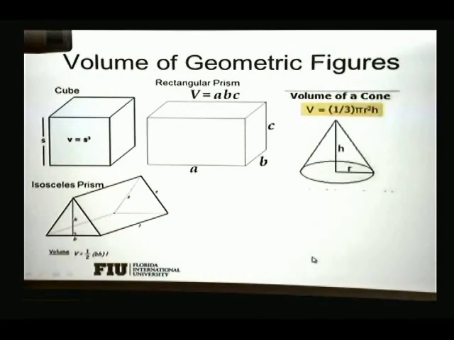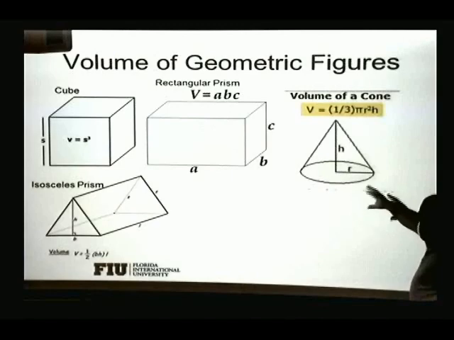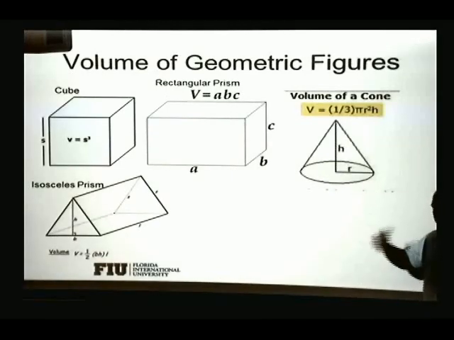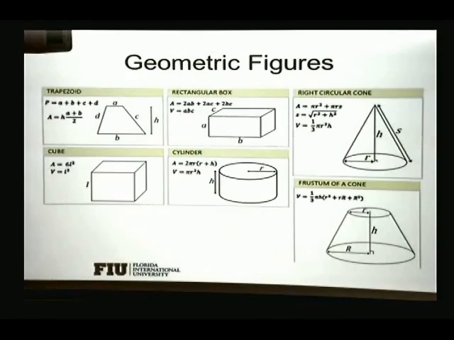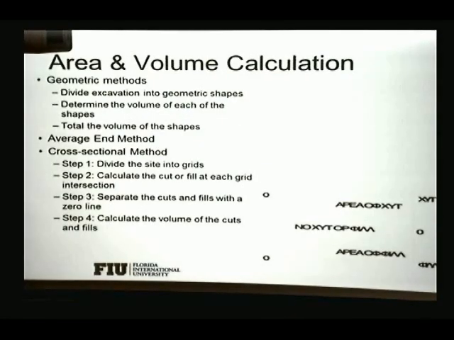We normally use some of these geometrical figures to figure out the volume that we need to excavate in different areas. So there you've got the equations. We will be using those to figure out the volume to be excavated.